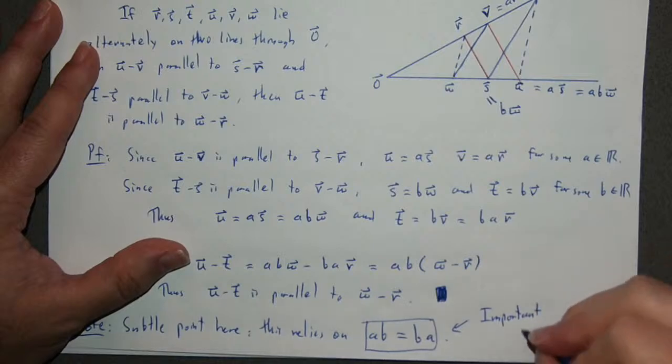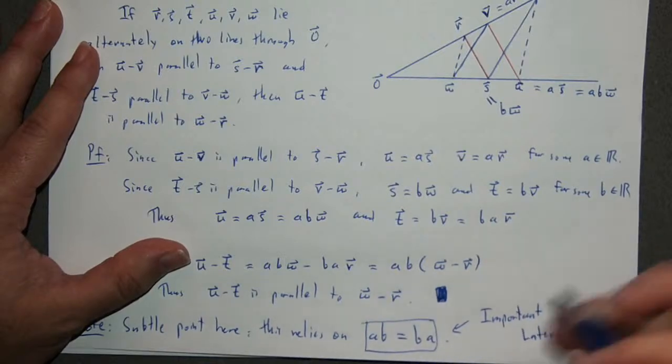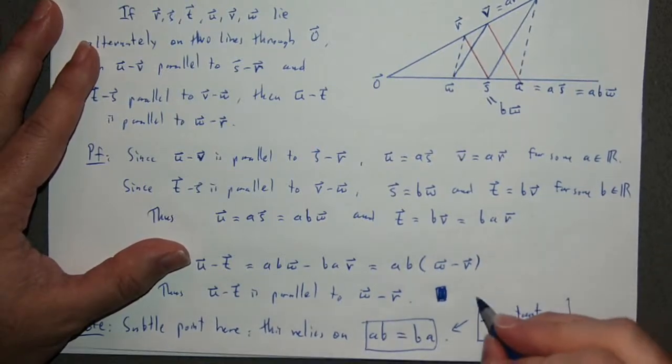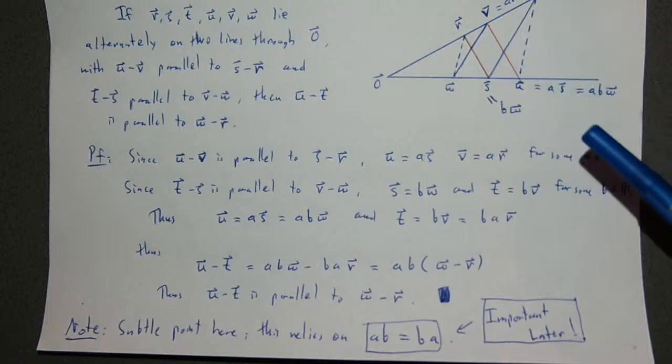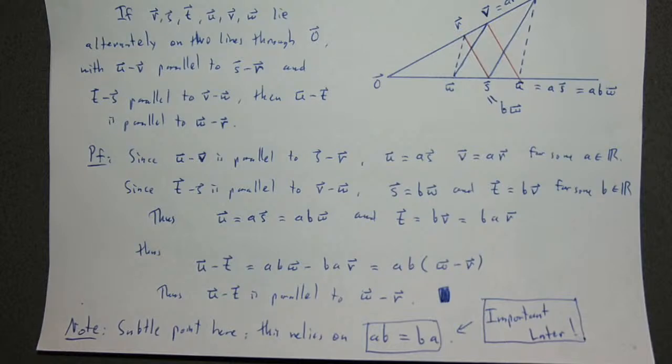The reason this is important later is that it turns out that the Pappus theorem itself is a fundamental theorem in a setting for geometry that is different from the setting that we've seen. So we're going to talk about projective geometry starting in chapter 5. And in projective geometry, you still have a Pappus theorem. The Pappus theorem is like a fundamental thing in projective geometry. And ultimately, one of our main goals in projective geometry is going to be to develop algebra in projective geometry.